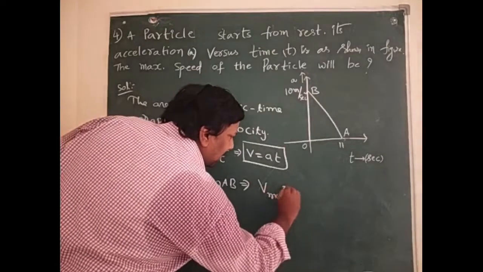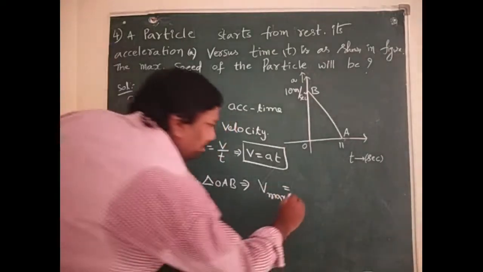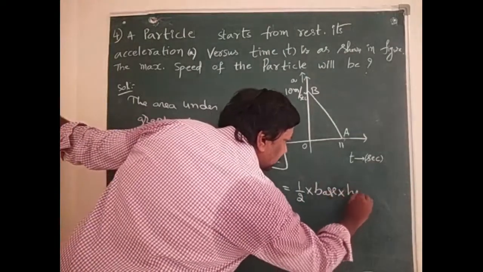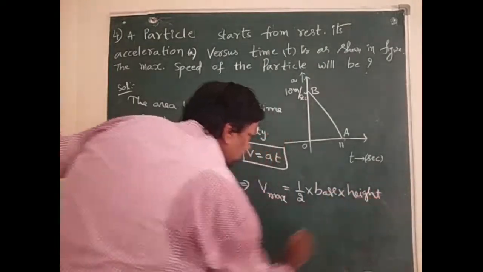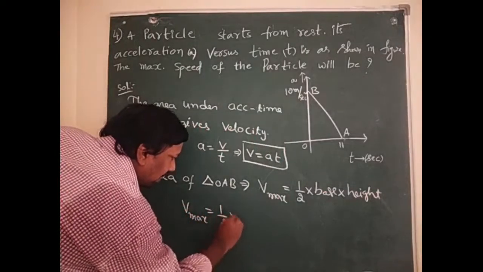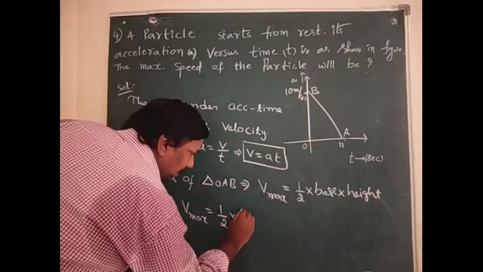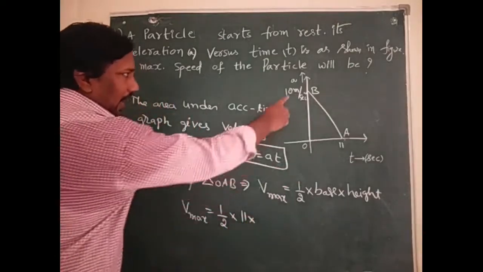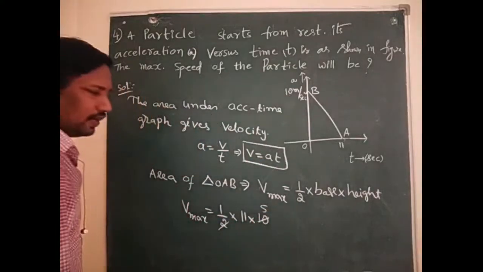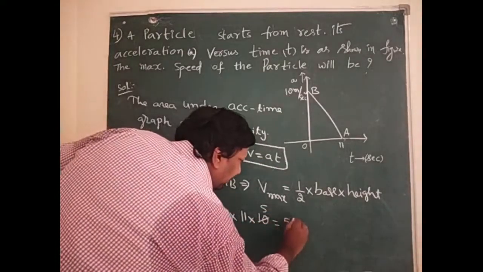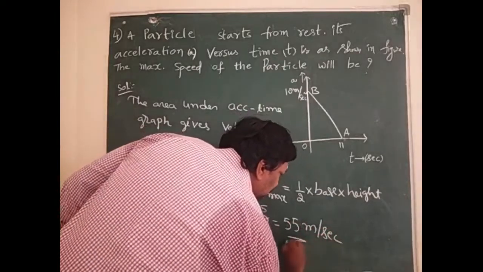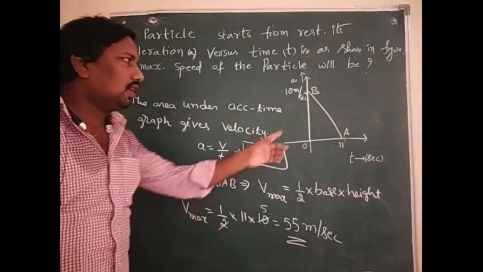So maximum velocity equal to half of base into height. Here V maximum equal to half of base, which is 11, into height, which is 10. So 5 into 11, that is 55 meter per second. So this is the maximum velocity of the graph.